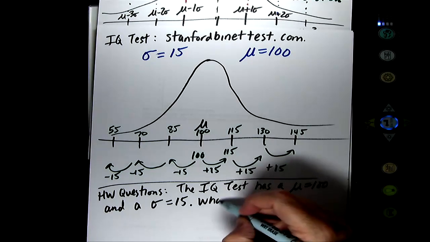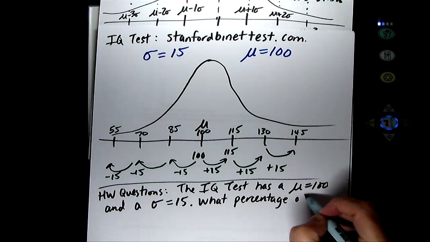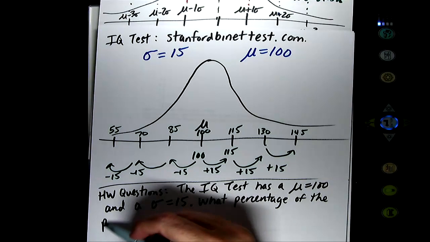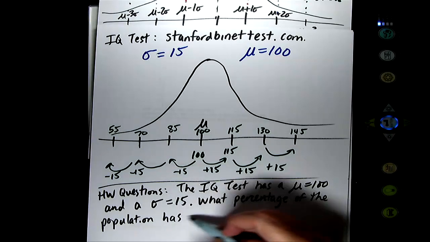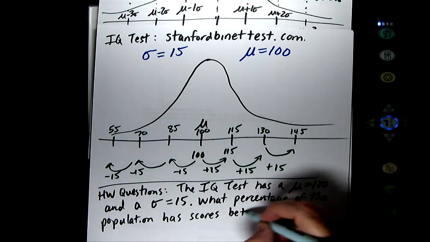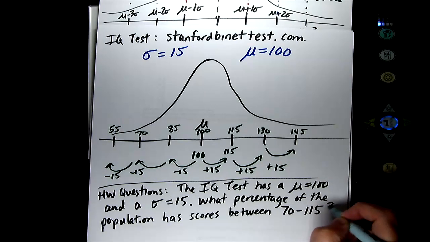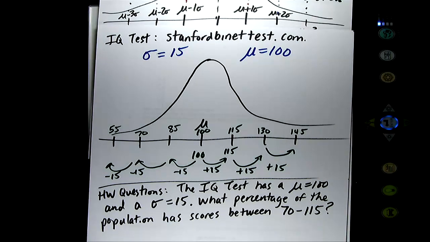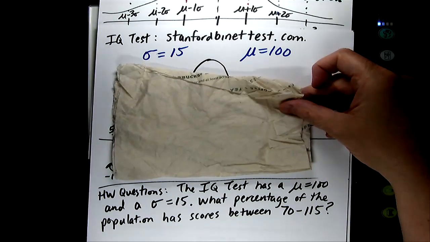What percentage of the population has scores between 70 and 115? And they are not going to give you that chart. No chart, just the question.